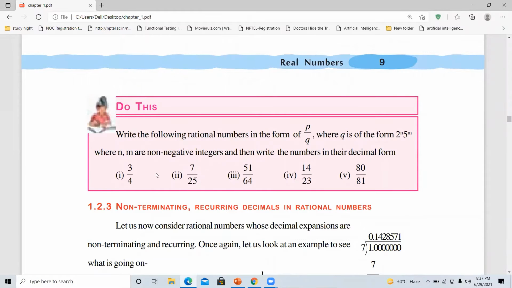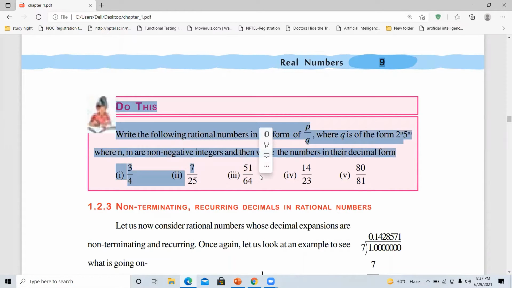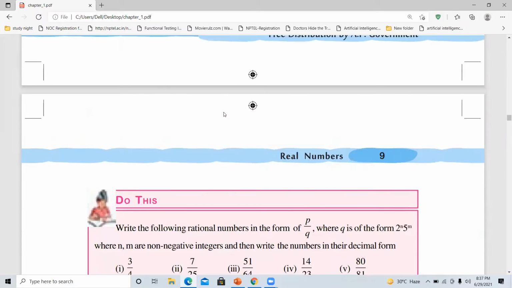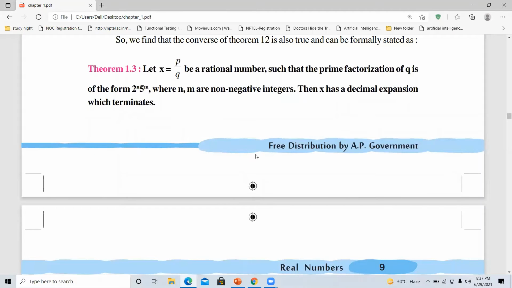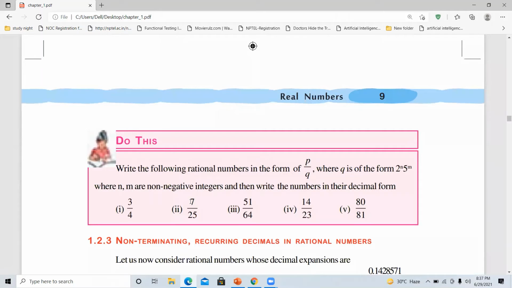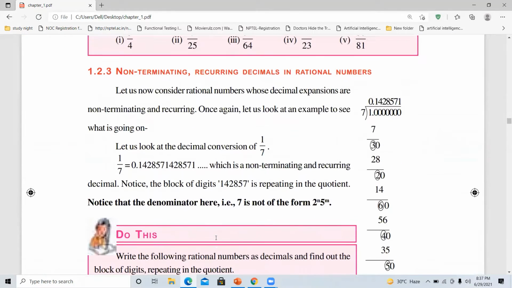If we observe all the other fractions, you will come across this point and understand more about it. So let's try all these examples on your own.